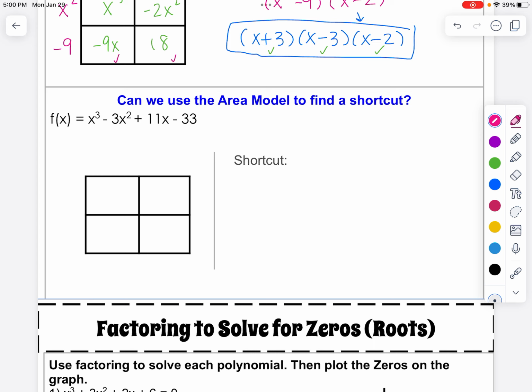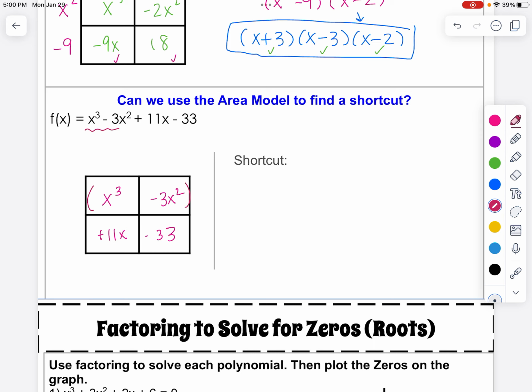So what we do, we set up our area model here. And then we always look for the GCF of the first row. Well, the first row is really the first 2 terms in this polynomial equation.